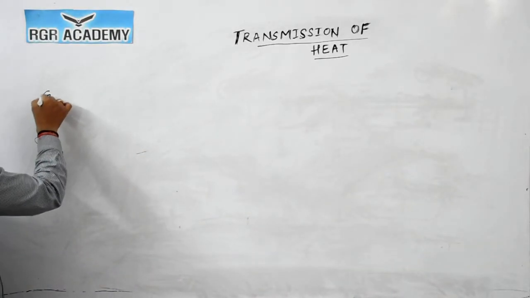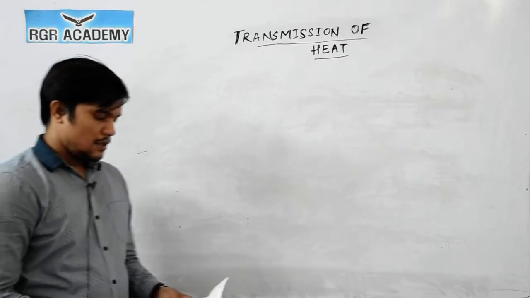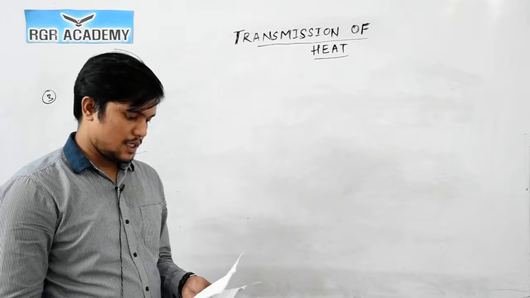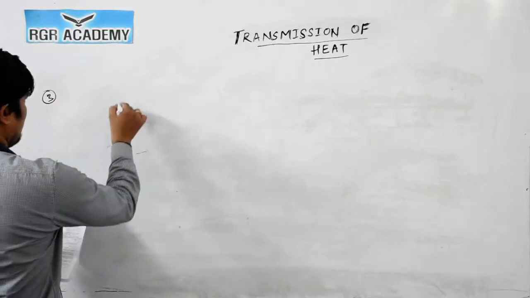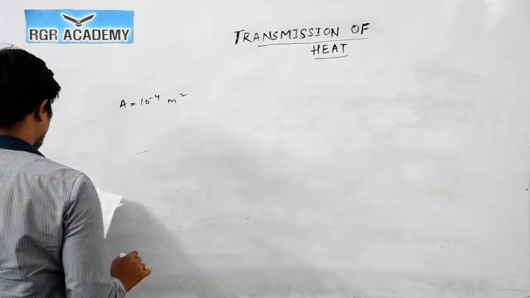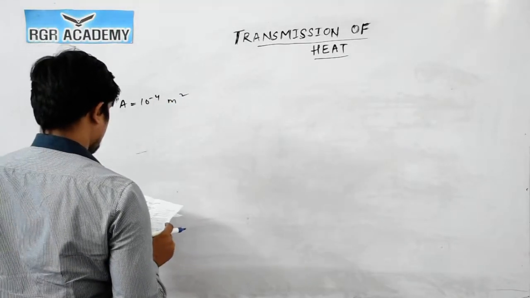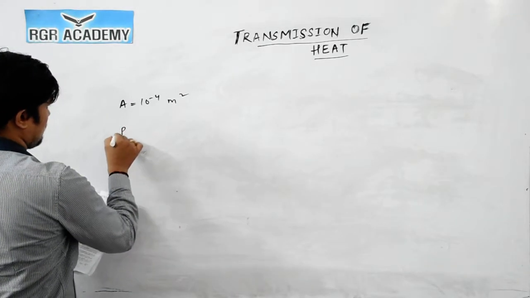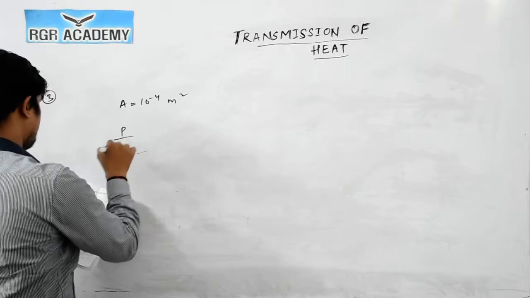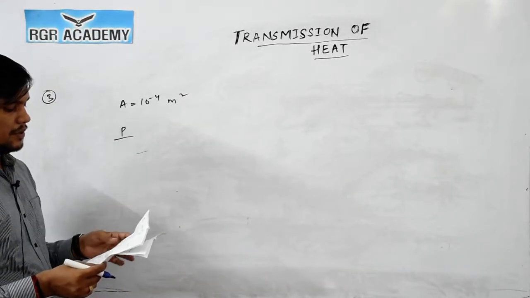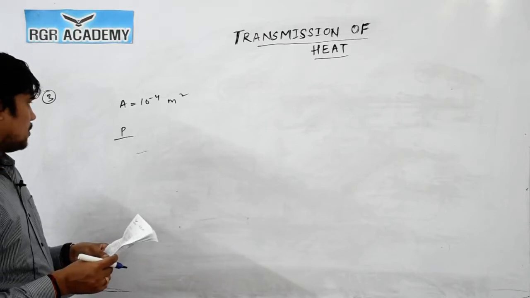So in question number 3, the area of a hole of a heat furnace is 10 to the power minus 4 meter square. It radiates energy per hour, so that is power.